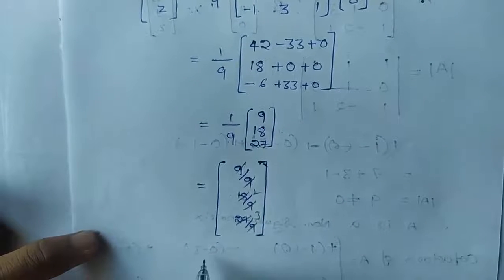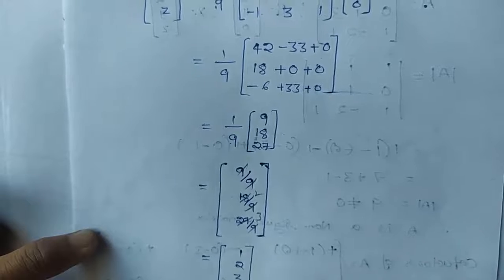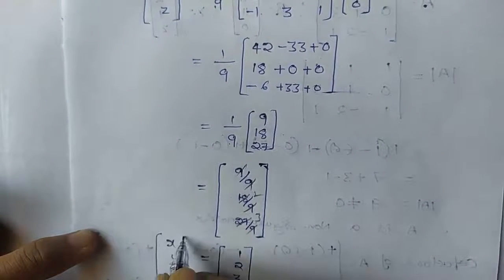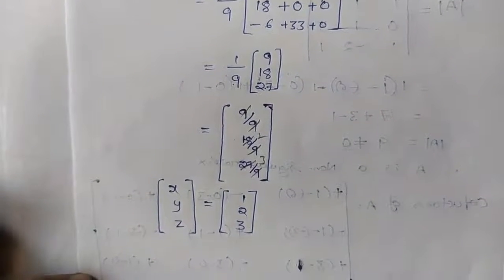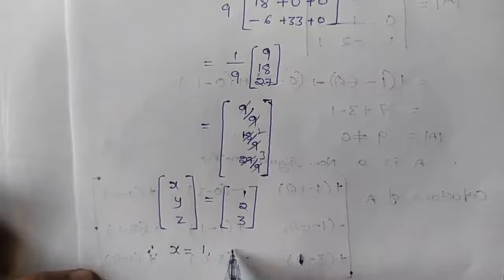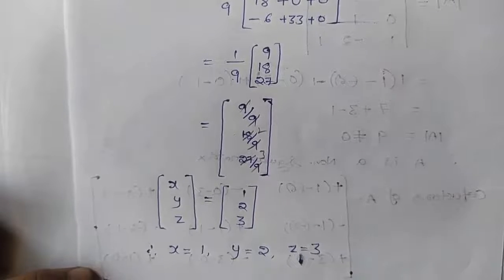Finally we will get the values 1, 2, 3. Left hand side we have x, y, z. Therefore the values of x, y, z is x equals to 1, y equals to 2, z equals to 3.